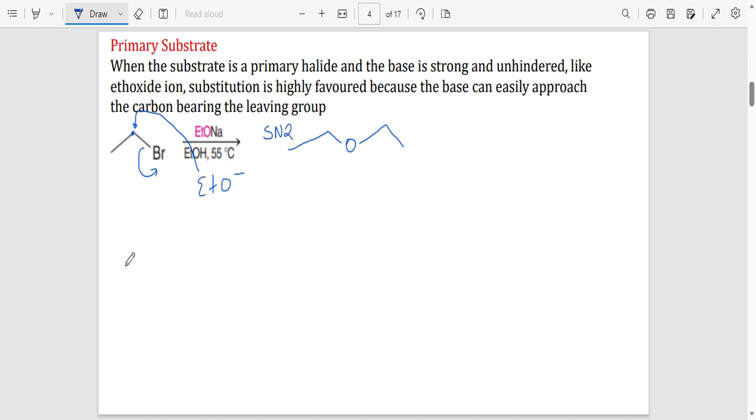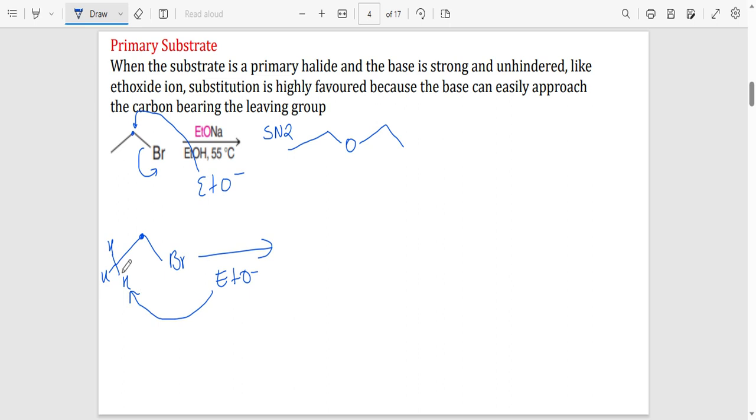Now, the E2 reaction is also able to happen for this reaction. So what happens in E2? With the ethoxide, you consider the carbon that is bonded to the halogen. One carbon away from that carbon, you consider the hydrogens on there. One of the hydrogens is going to be grabbed.